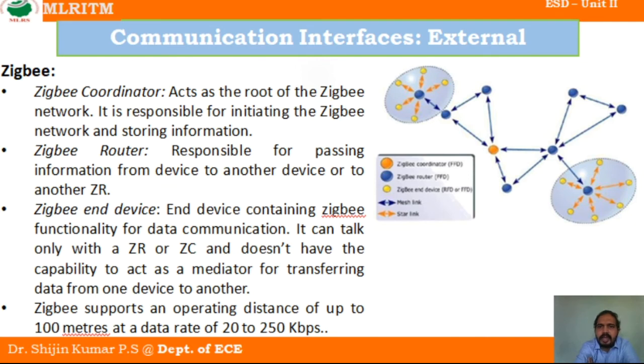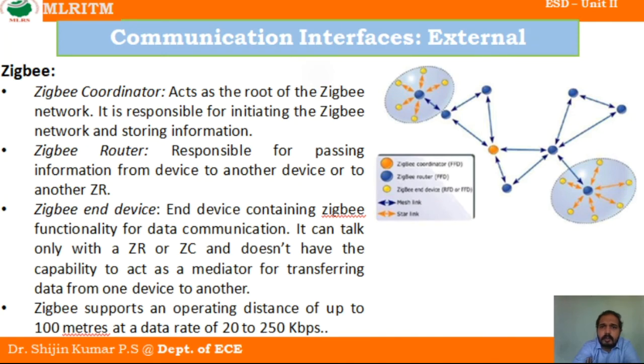We have different devices, and we have a name for each of the devices that we are connecting to the Zigbee. One is the Zigbee coordinator. It will act as the root of the Zigbee network, and it is responsible for initiating the Zigbee network and storing information. The next one is the Zigbee router.